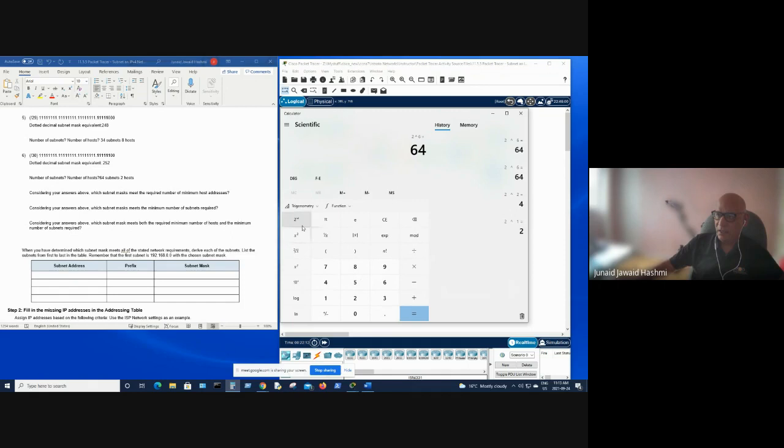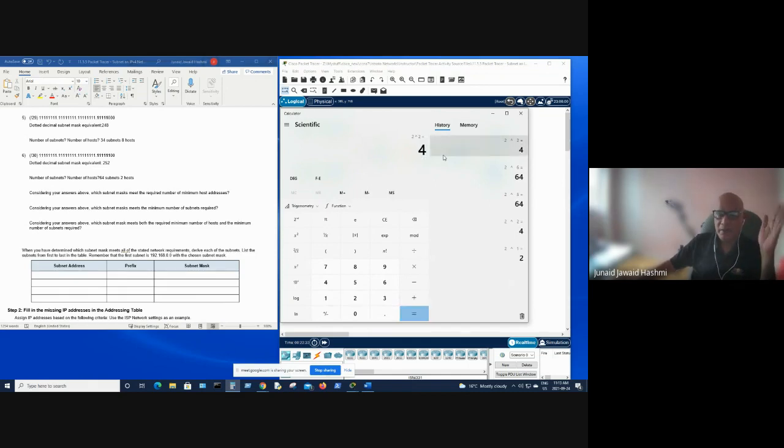And how many hosts in each network? How many bits do we have left? 2. So 2 to the power of 2 equals 4.